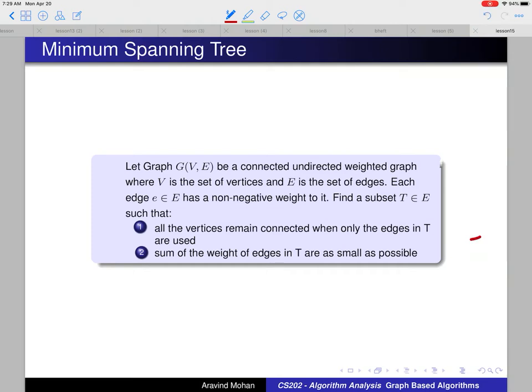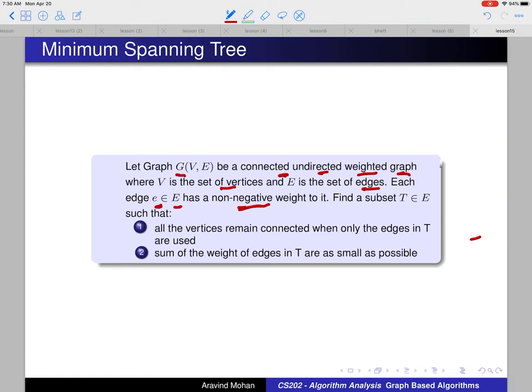So first we are given a graph G, a connected undirected weighted graph, where V is the set of vertices and E is the set of edges. Each edge e, an element of capital E, has a non-negative weight.